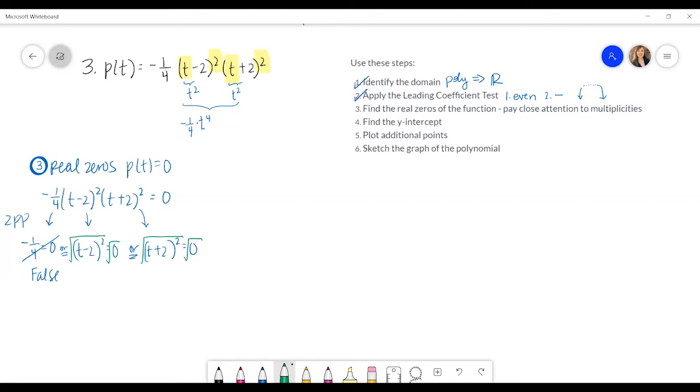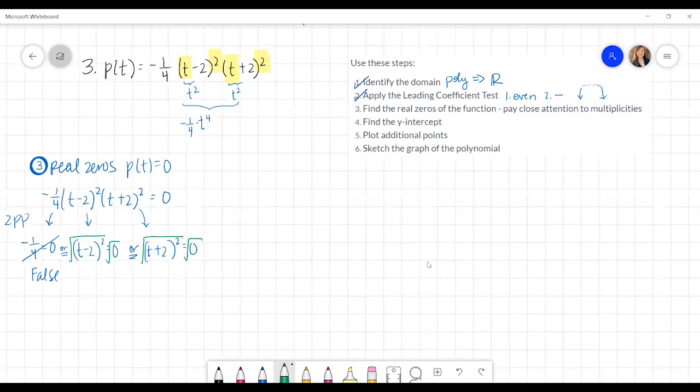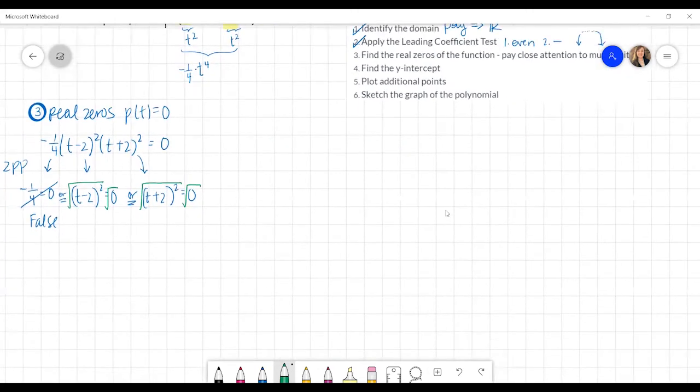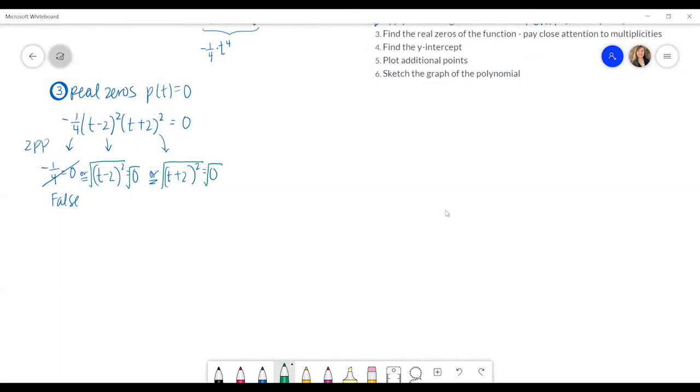Normally, when you square root both sides, you do have to consider a plus or minus. But because we have 0 on the other side and there's no such thing as a positive or negative 0, 0 has no sign attached to it, we just end up with t minus 2 is 0, which means t is 2, remembering its multiplicity 2.